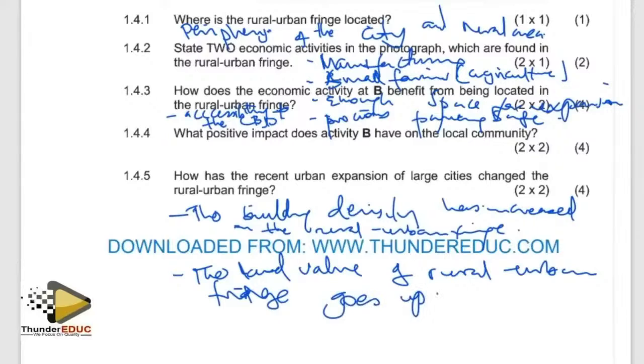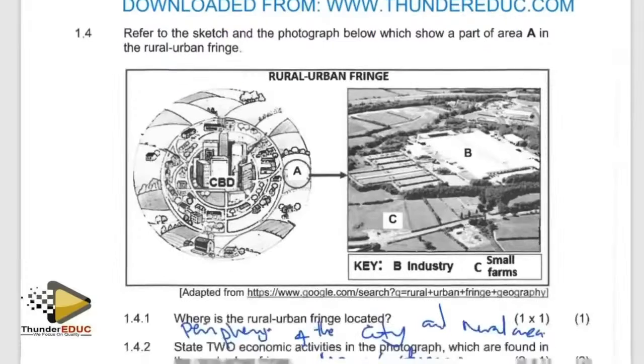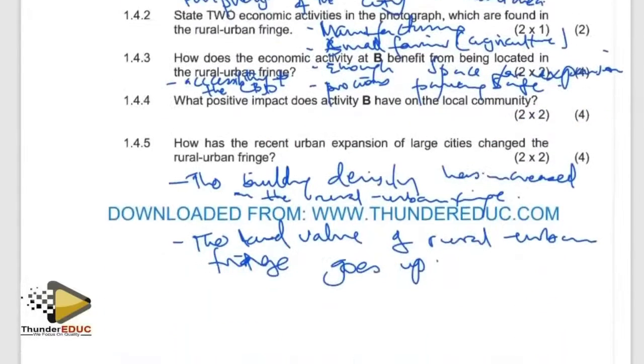Okay, we're looking at the recent changes of the rural urban fringe. When you look at this, you will see that the space is limited. So many cities have developed houses. Few major recent houses have developed in the rural urban fringe. Okay, because of that.